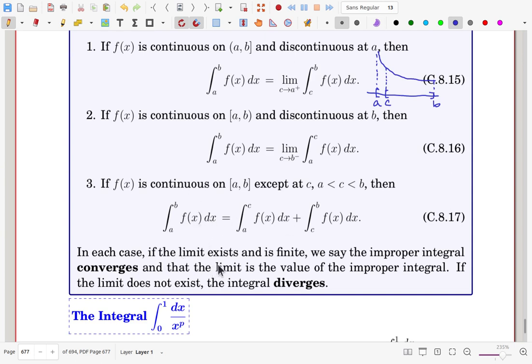The same way for type 2 improper integrals, once the limit exists and is finite, we say the improper integral converges, and otherwise we say the integral diverges.